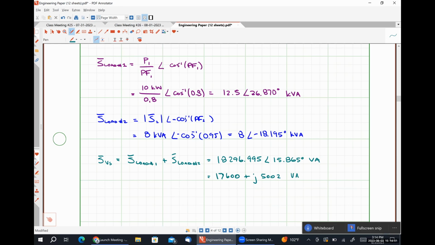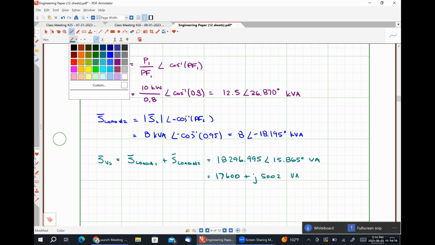So now we're at the last part where we're trying to find the capacitor value needed in order to correct our power factor from whatever it happens to be right now up to a power factor of 1. Okay.